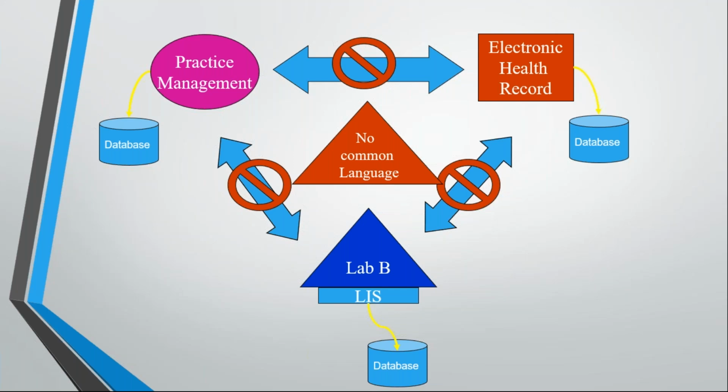So in order for that to happen, the data has to flow from PM to EHR, right? So the data has to flow from this PM database, which is the actual residing place for the data, to the EHR application database.